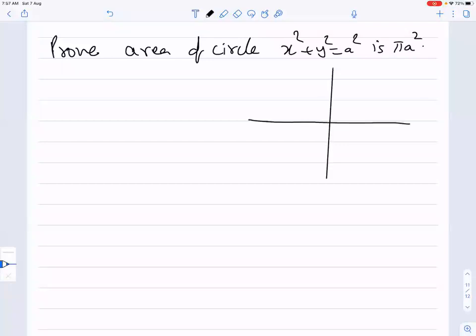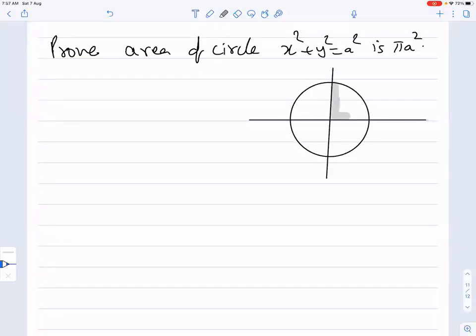Now, how do we solve it by integration? See, this is the circle, correct, with radius a. But instead of doing the entire integration, I'm going to integrate only this portion and multiply by 4. Of course, we know that, right? This is the center 0, this is a comma 0, correct, students? So we can integrate with respect to the x-axis or y-axis.